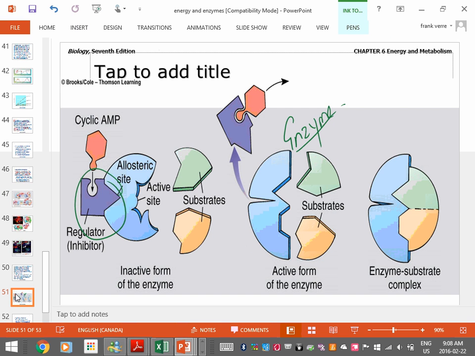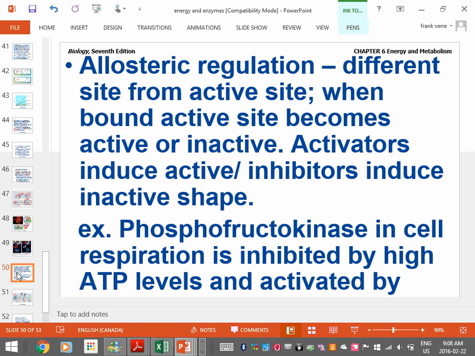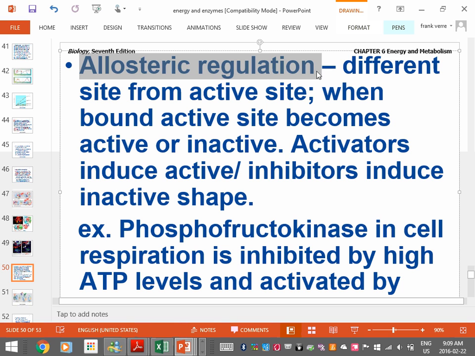But this is not an example of non-competitive inhibition. This is an example of allosteric regulation. Okay? They look the same, so it's confusing. They look very similar. Here's the difference though. This is something that a cell would do on purpose. Okay?